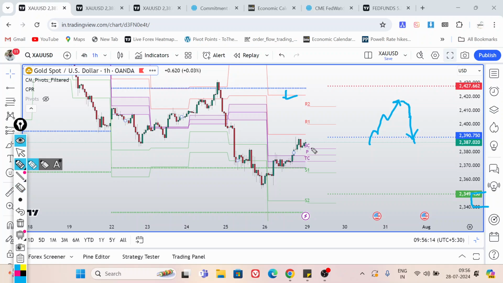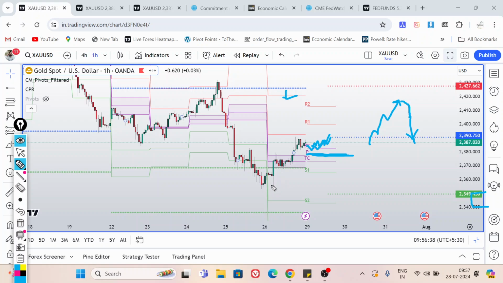So above this level we can look for buy. We can take the daily pivot or intraday pivot as our support zone or our stop level.